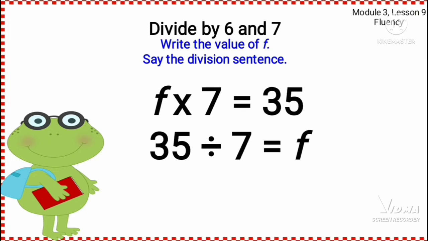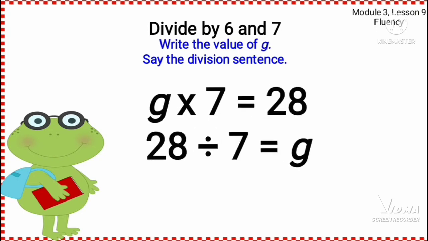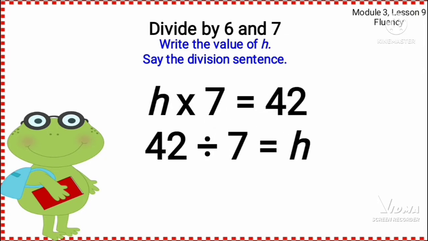Alright, what is F? This is very easy. F times 7 is 35. The answer is 5. Next one. G times 7 equals 28. What is G? G is 4. Very simple. In this one, what is H? 42 divided by 7 is the same as H. It is 6.